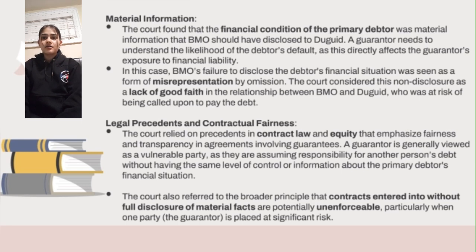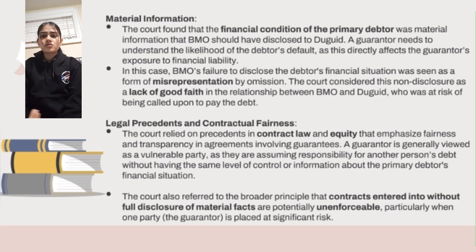Lastly, the legal precedents and contractual fairness. The court relied on precedents in contractual law and equity that emphasize fairness and transparency in agreements involving guarantors. A guarantor is generally viewed as a vulnerable party as they are assuming responsibility for another person's debt without having the same level of control or information about the primary debtor's financial situation.